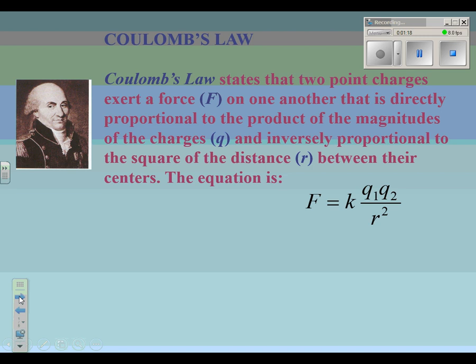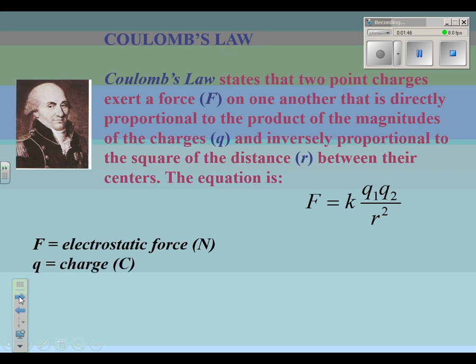So we're talking about their charges, and instead of using the universal gravitational constant, we're using what's called Coulomb's constant. That's our K value. And instead of talking about the distance between the two mass centers, we're talking about the distance between the two charges' centers. So F does stand for your electrostatic force, and it'll still be in the units of newtons.